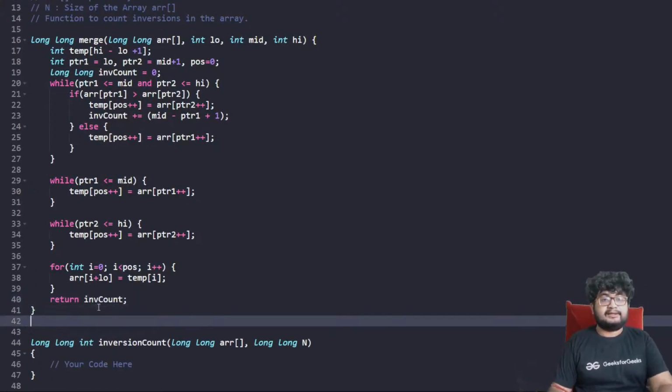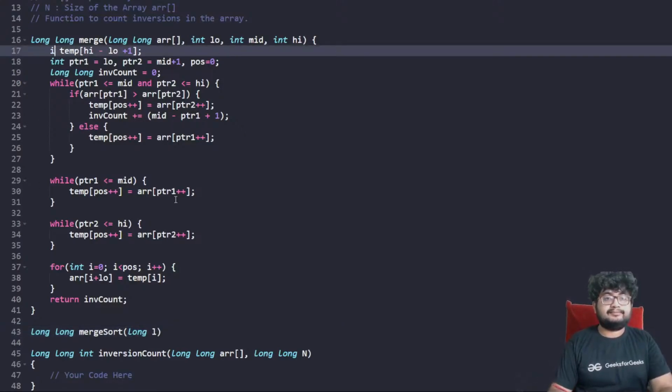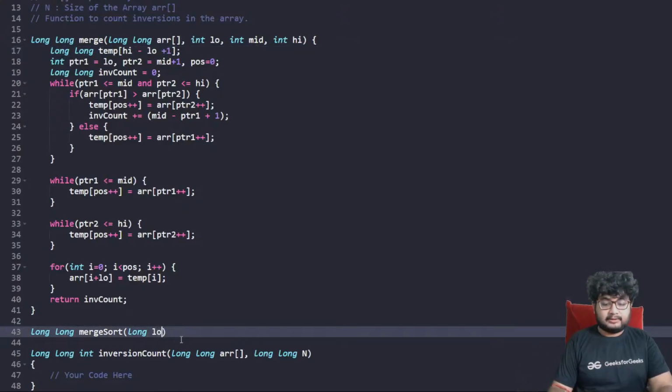Okay. Now we will write the merge sort. So long merge sort, again that should also return the inversion count. So we will have the array here, ARR, int low, int high.